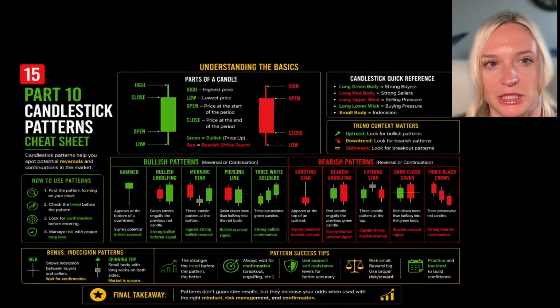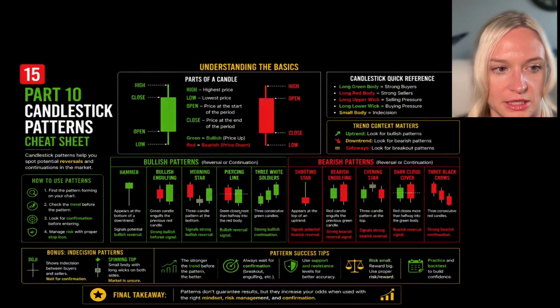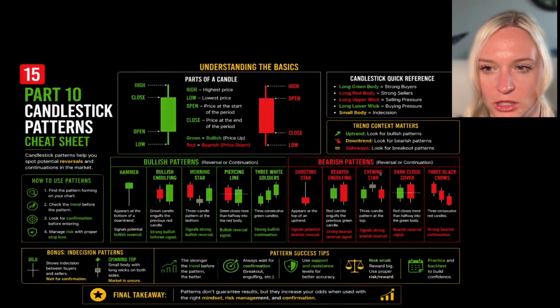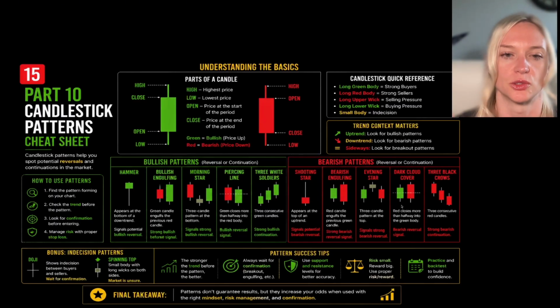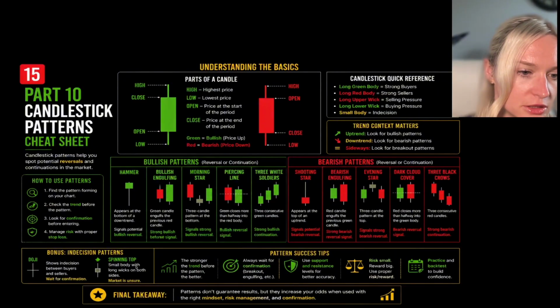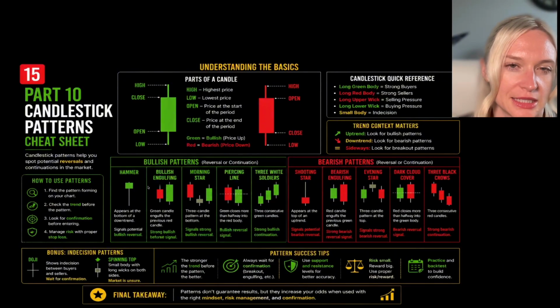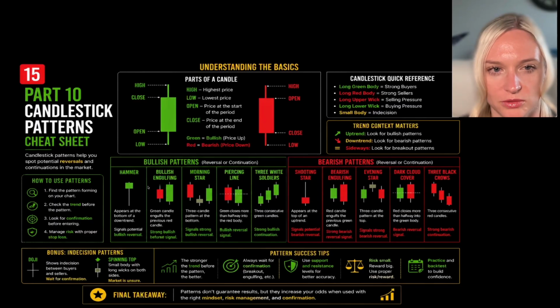So, understanding the basics. We went over the difference, even though they look the same. You are more than welcome to take a screenshot of that. But the only thing I really want to go over: they call it a hammer, shooting star, morning star, all these fancy ways. I call it a doji. Here it is, a doji. It's like indecision. They doji about which way they want to go.